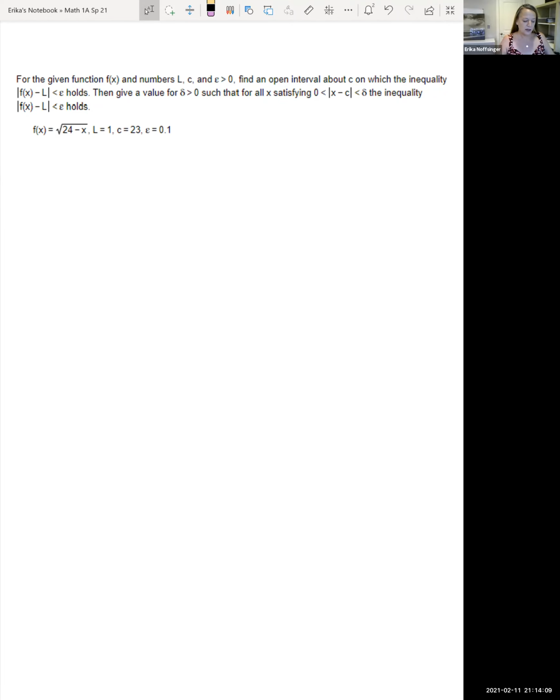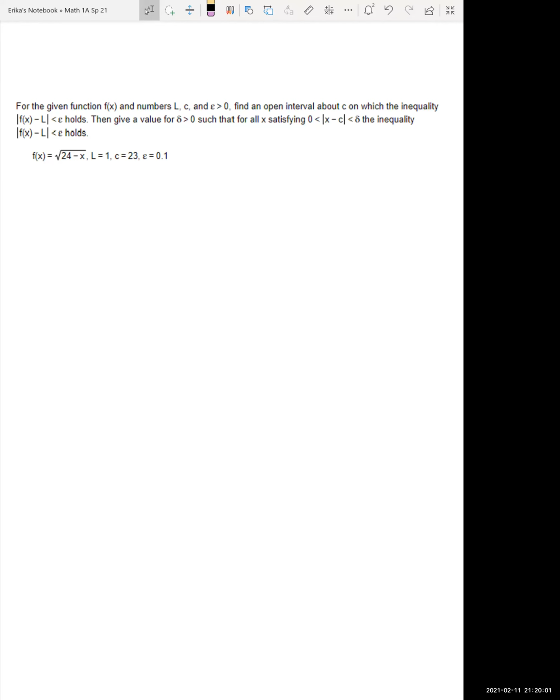Okay, so let's write this out. I don't know why it's not writing though. Okay, so we're looking at this. We have our f of x value. We're given what L is, we're given what C is, and we're given what the epsilon is. And so recall, we want this f of x minus L to be less than epsilon. So let's just fill in the pieces.